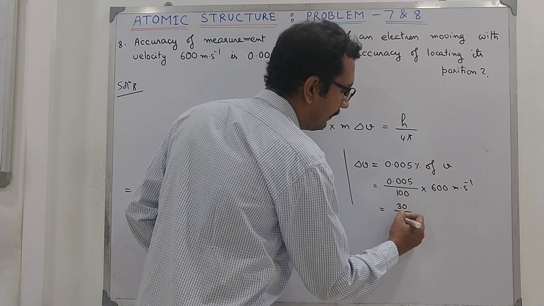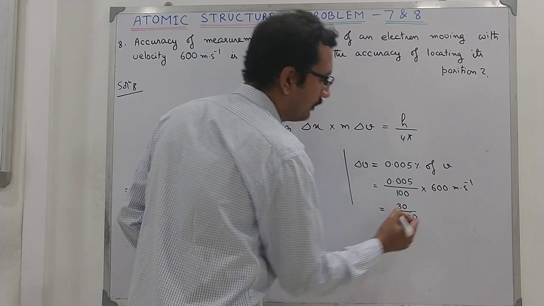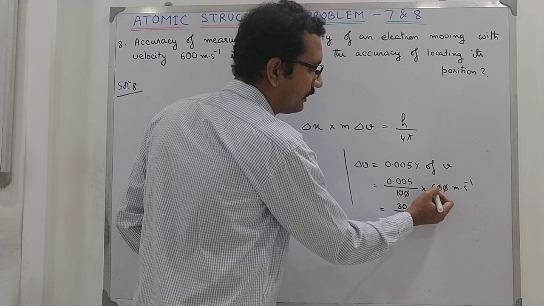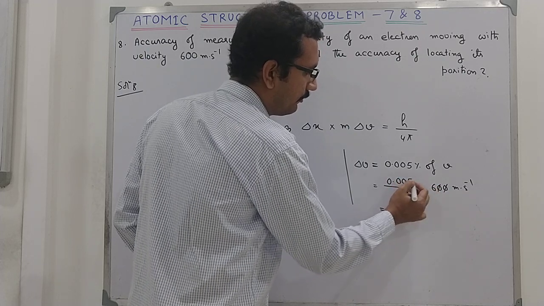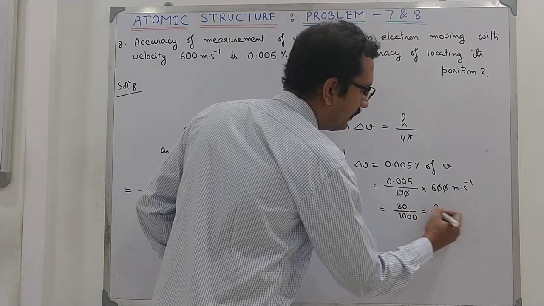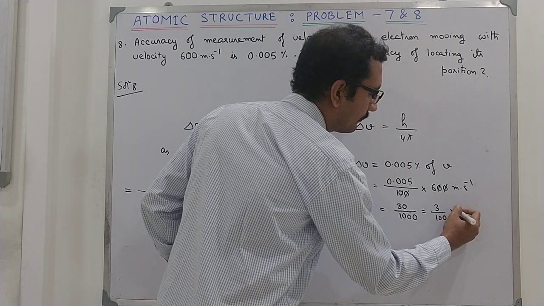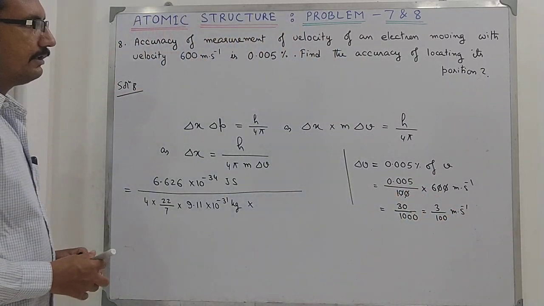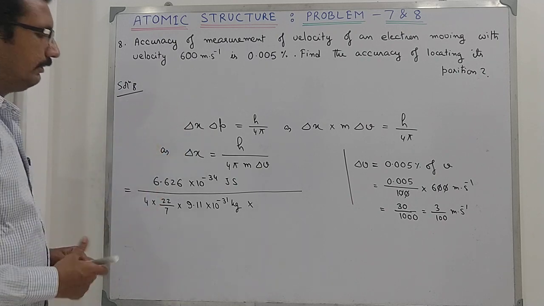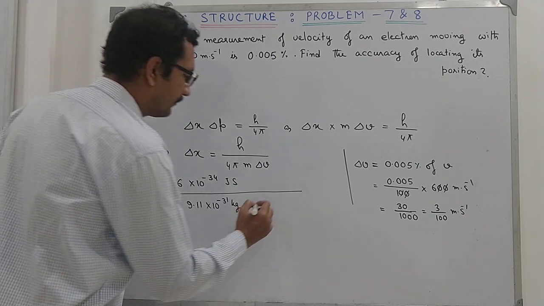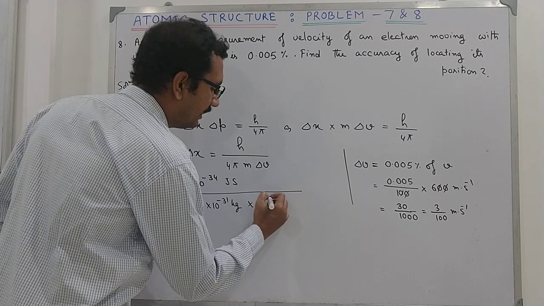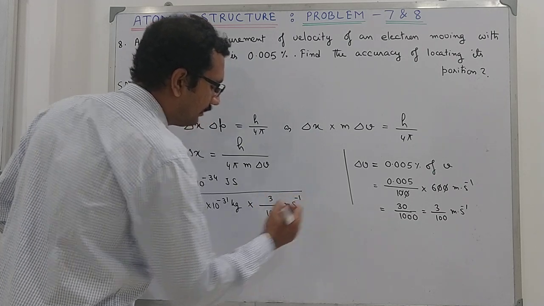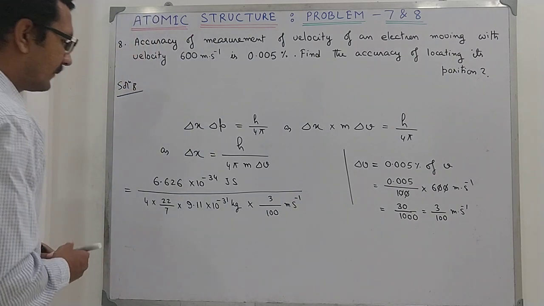So we will have 30 by 1000. So it is 3 by 100 meter per second. That is the uncertainty associated with the velocity. So we put this here, value of del v. So it is 3 by 100 meter per second.